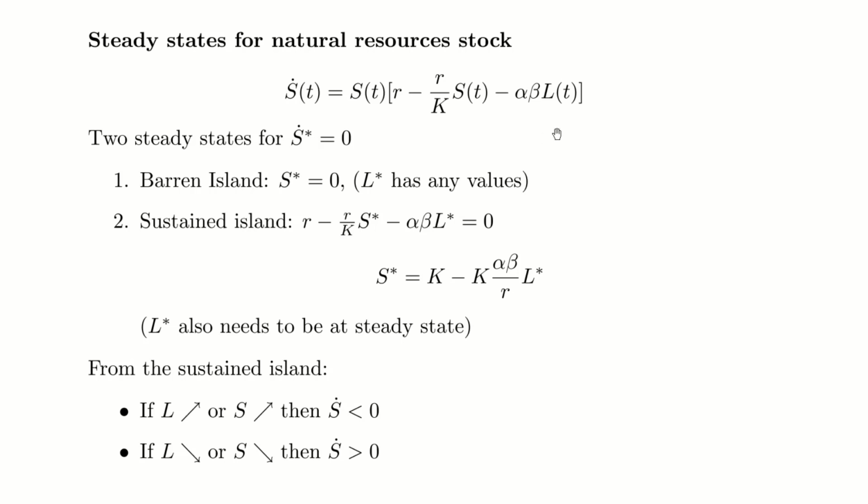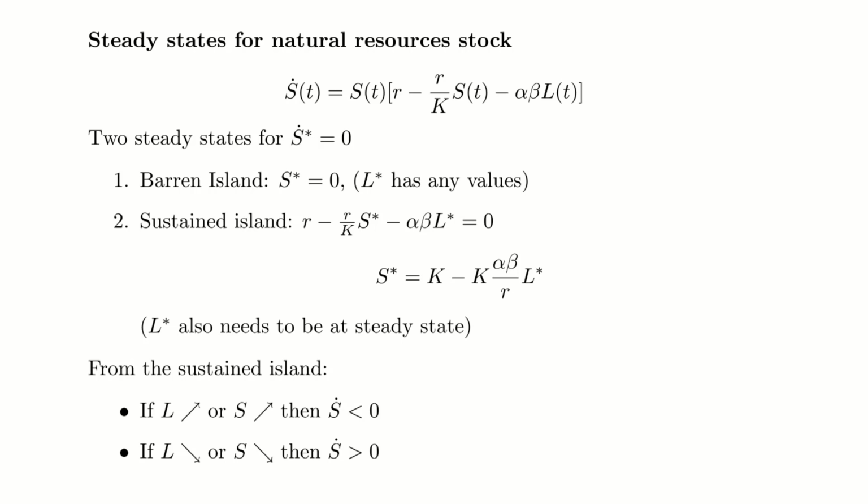From the equation of S dot, we see that this would lead to S dot becoming negative, meaning that the stock would start to decrease, both because of extra harvesting or simply because the stock being too close to its natural carrying capacity. Similarly, if either L or S decreases, then S dot becomes positive, meaning that the resource stock starts to increase.